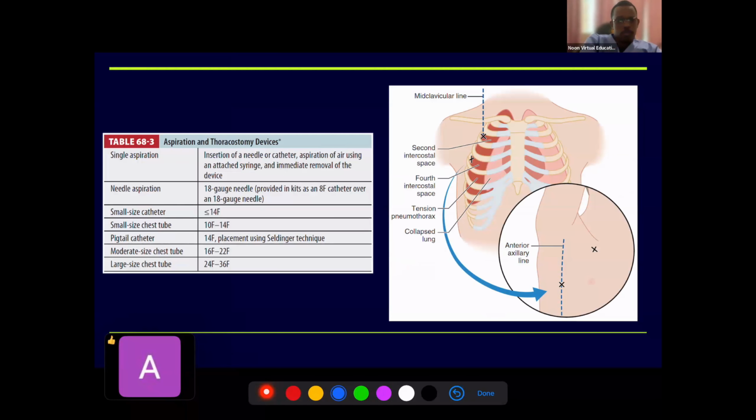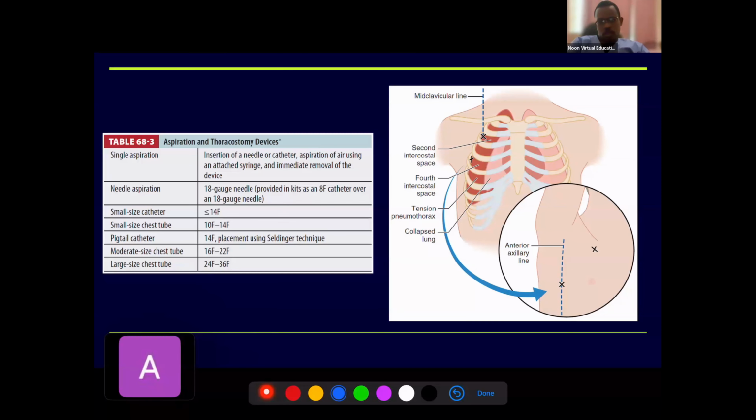Just an overview, because there is some confusion regarding aspiration and thoracostomy devices. There are many methods to aspirate. You can go by single needle aspiration: put the needle in, withdraw it, and finish.